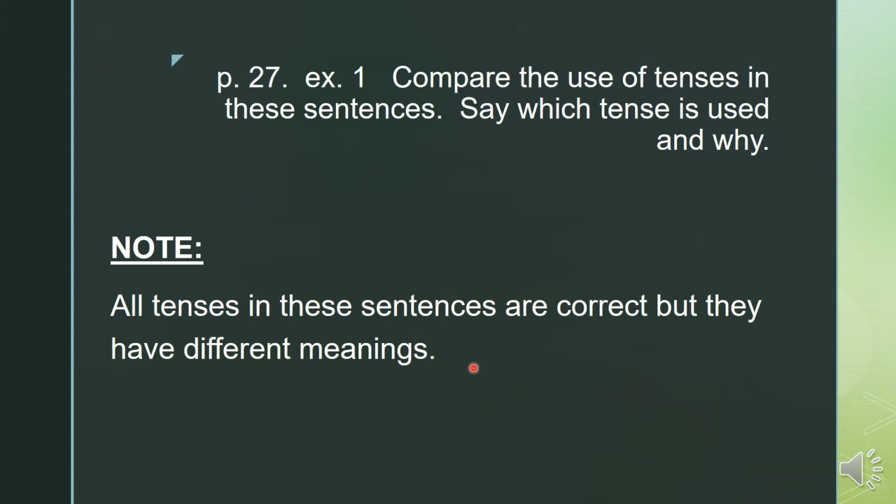So each of these examples has either 2 possibilities or 3 possibilities of different sentences with different verb forms. All of the sentences are correct, but they all have different meanings also. So let's pay careful attention.